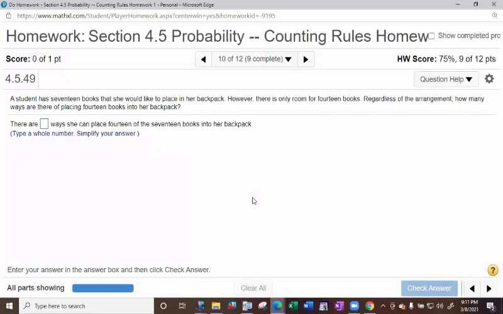17 books to place in her backpack. There's only room for 14 books. Good grief. How big is this backpack if we can get 14 books in there? Or the books must be super thin or something. I don't know, but holy cow. All right. Nothing that indicates ranking here. So I think it's how many ways can you choose 14 out of 17?